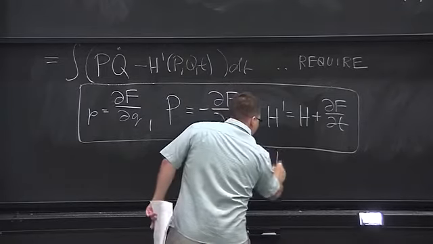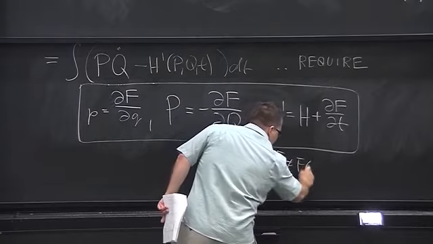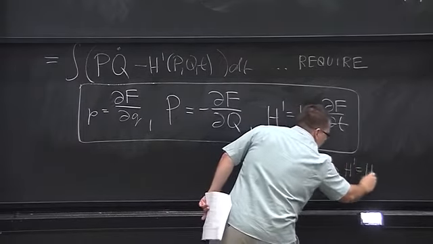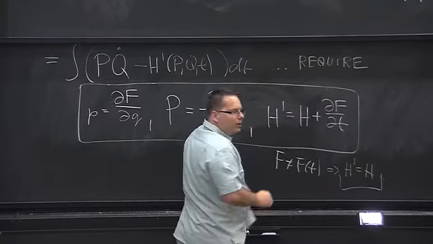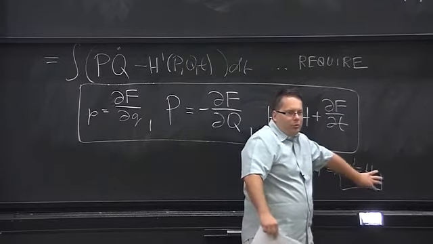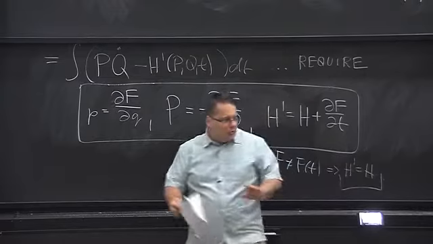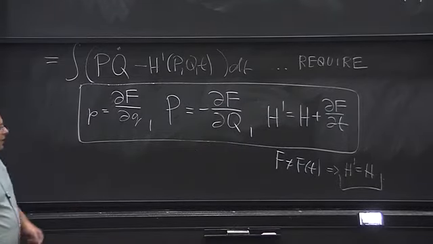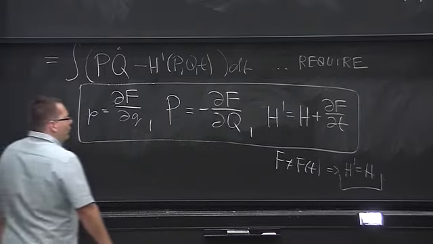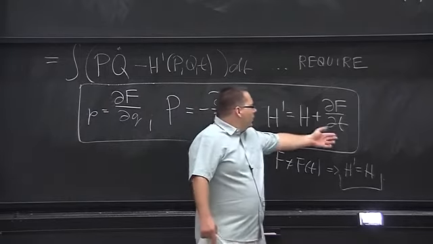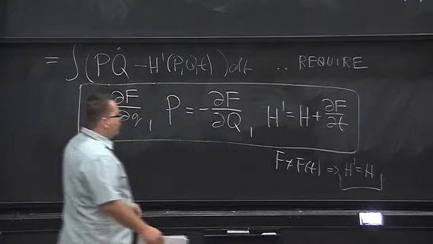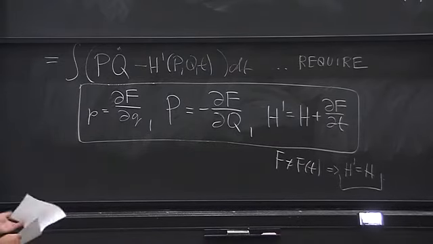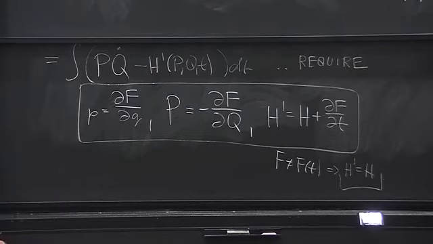Only if f is not an explicit function of time, then H prime is H. Of course, I have to plug in the right variables: H is a function of small q and p, while this one is a function of capital Q and P. So only in this case I have H prime equal to H. But if f explicitly depends on time, then there's this additional term here. Questions, comments?